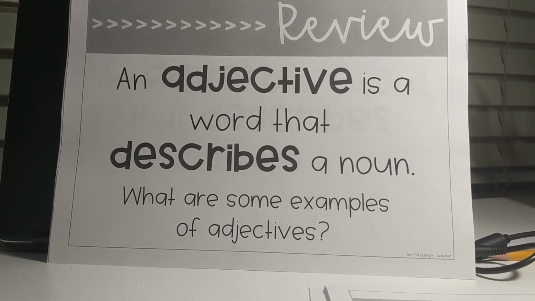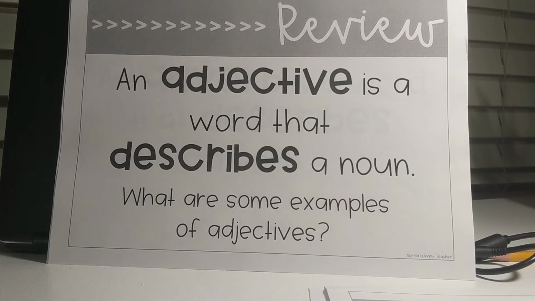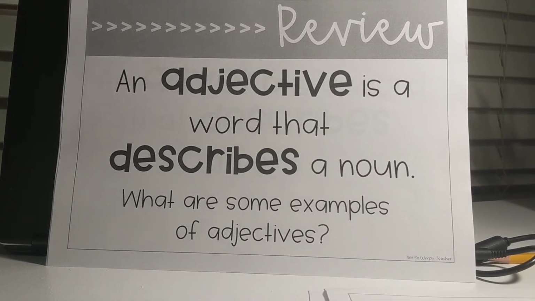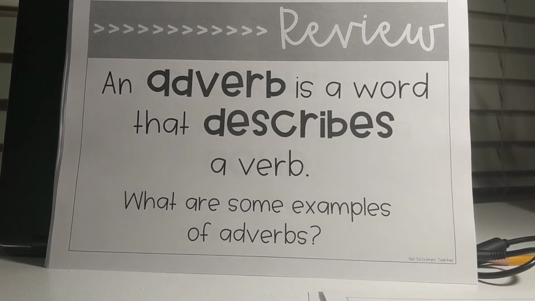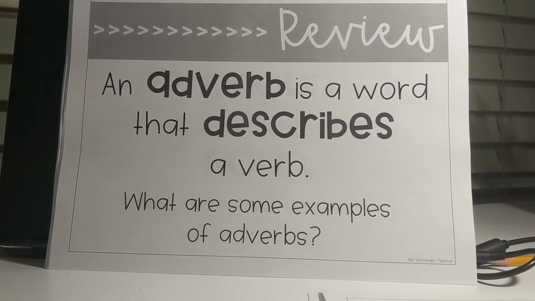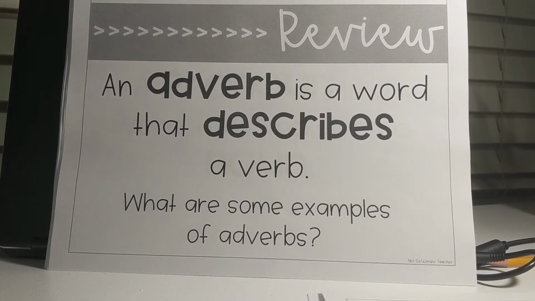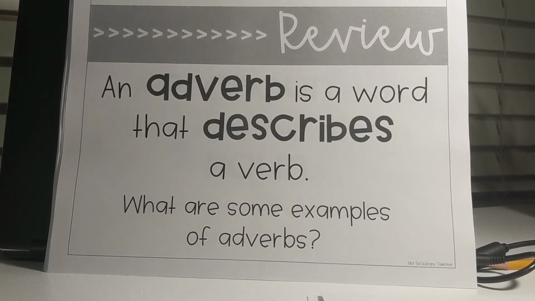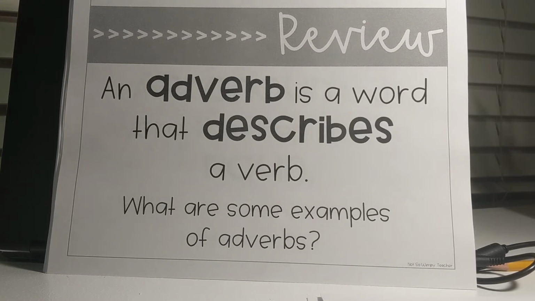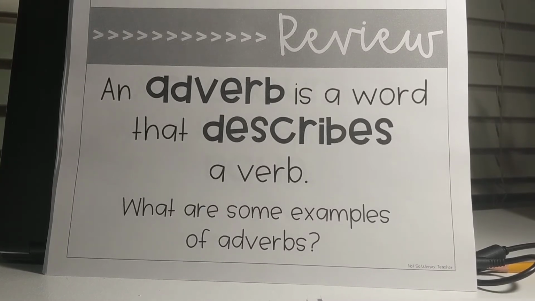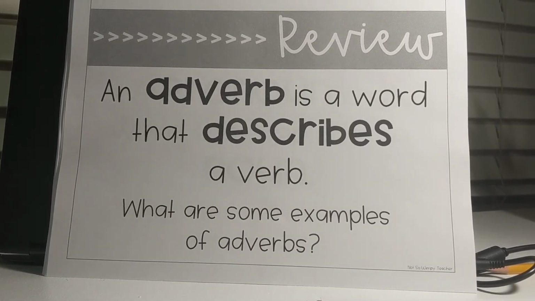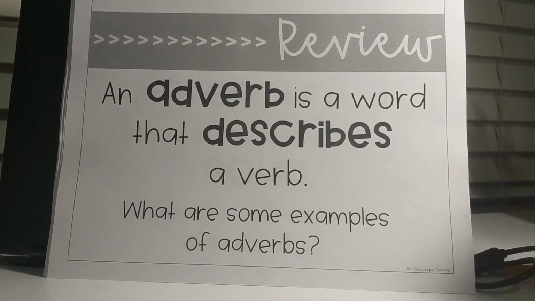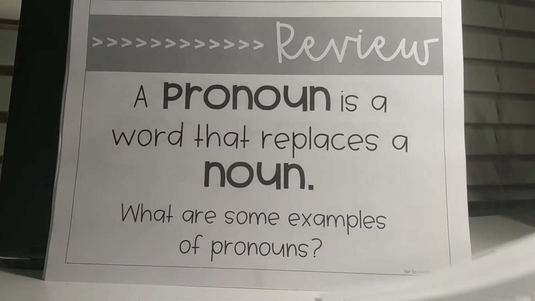So, something that describes a person, place, or thing could be slimy, hairy, bumpy. Okay, an adverb is a word that describes a verb or a word that describes an action. What are some examples of adverbs? Some examples might be slowly, quickly.